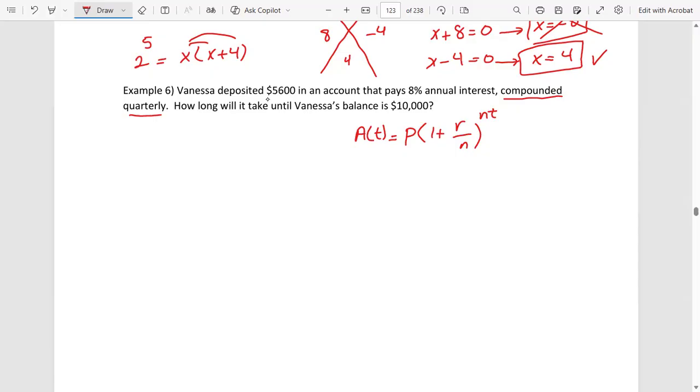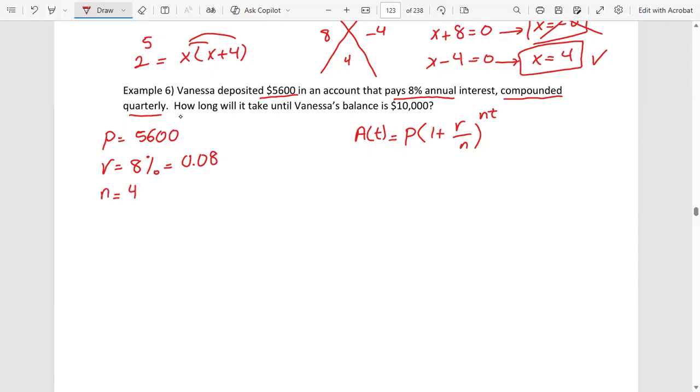When it says Vanessa deposited $5,600, that means the principal or the initial money is $5,600. Account pays 8% annual interest, which means the rate or R is 8%, but I always change the percent to decimal form, which is 0.08. It says compounded quarterly, that means we have 4 quarters in a year, which is n is equal to 4.